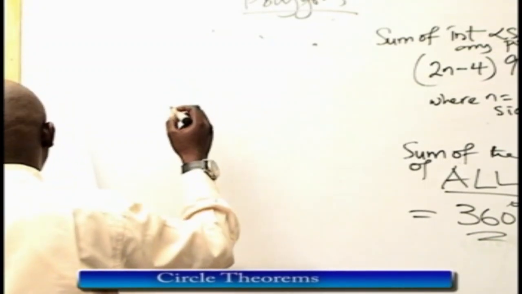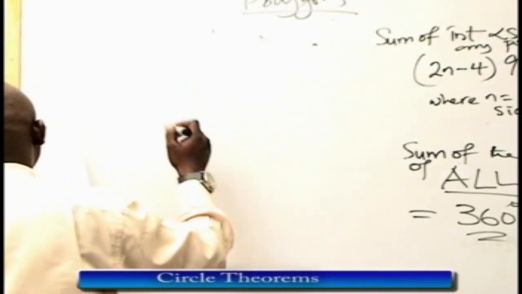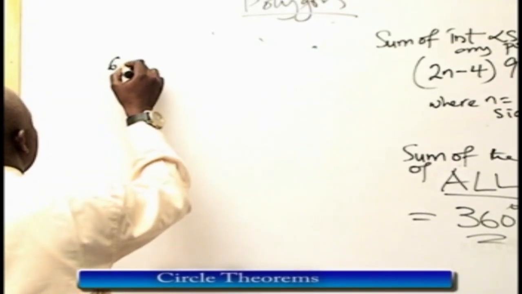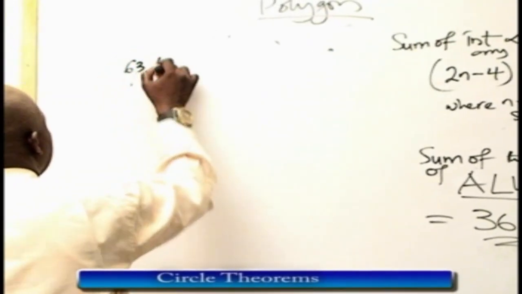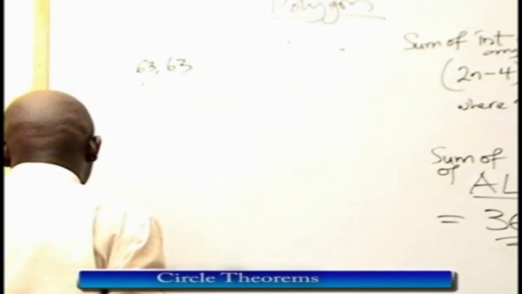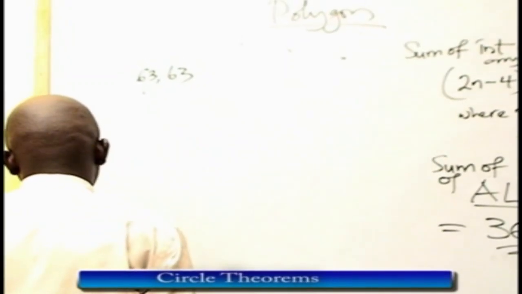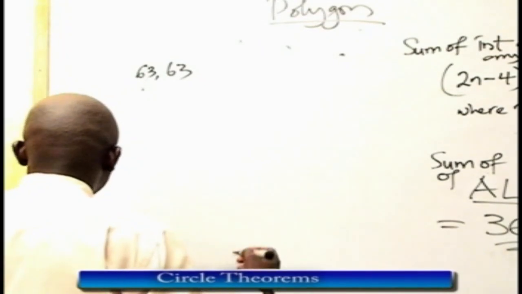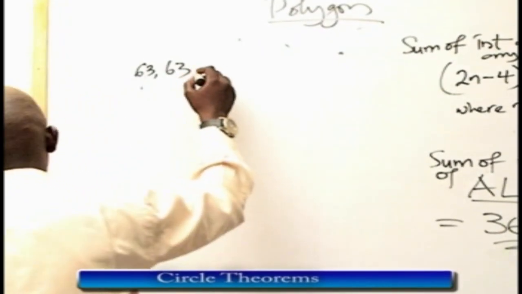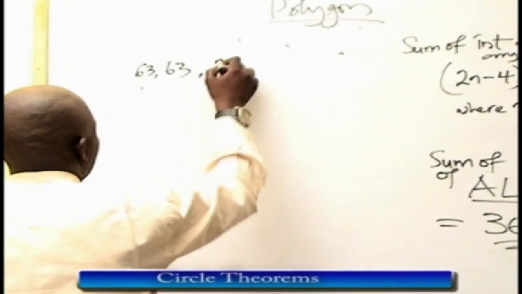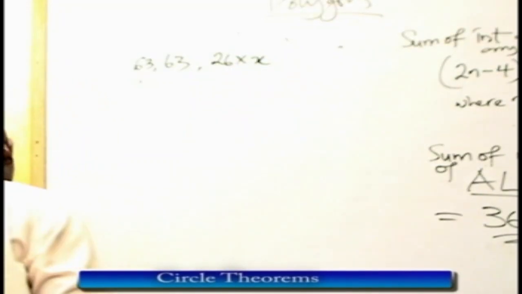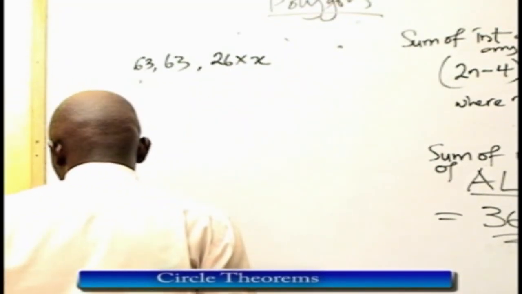To answer that question, we are told two of the exterior angles, so we have 63, and then the question says the remaining exterior angles are 26 degrees each, so we have 26 times x, since we don't know how many sides the polygon has.